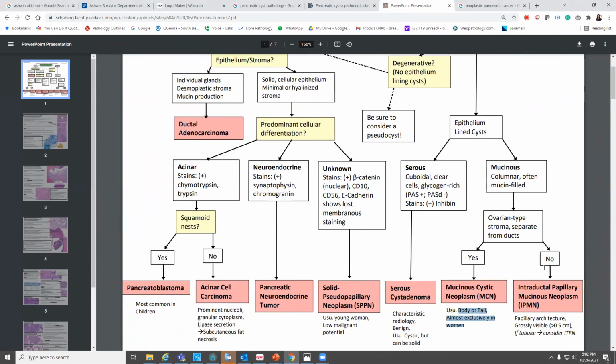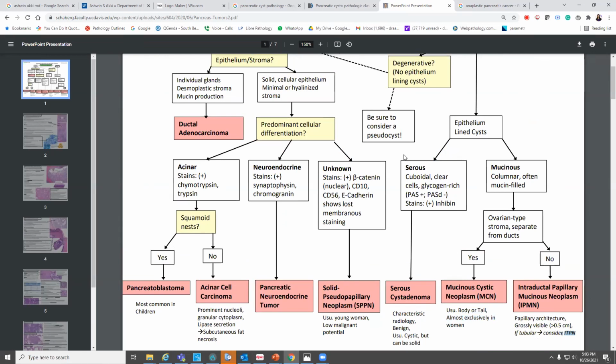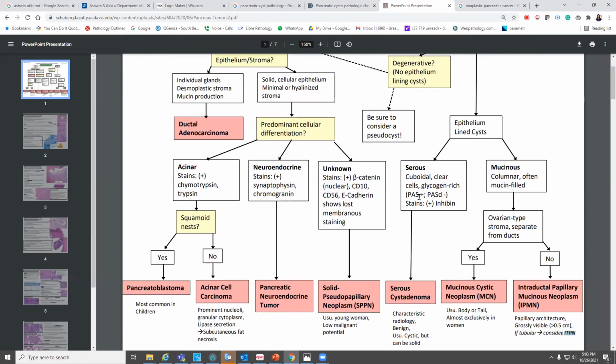If there is no ovarian type stroma, then think of intraductal papillary mucinous neoplasm, again 0.5 centimeter or more than that. And if tubular, then consider the tubulopapillary one. If serous, like the one that he showed, serous cystadenoma, it's benign, usually cystic, and the markers will also be benign kind of markers, glycogen-rich stains, PAS positive.